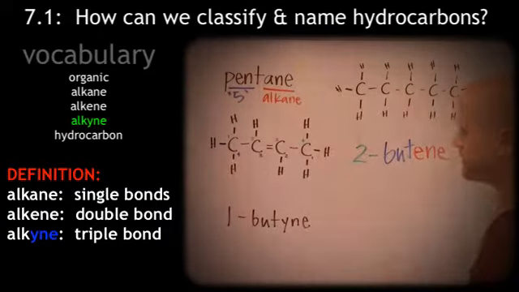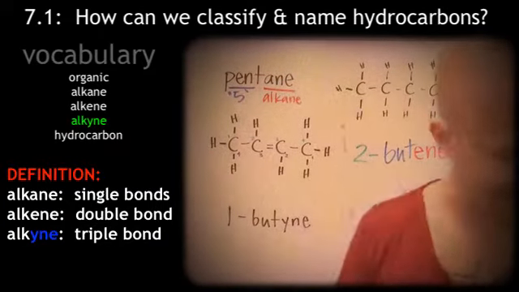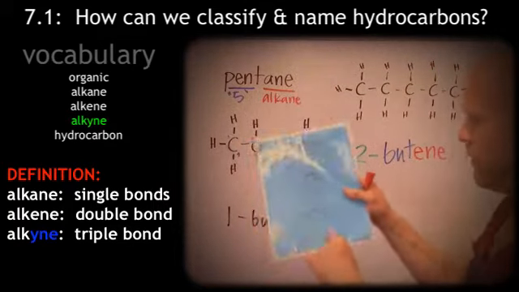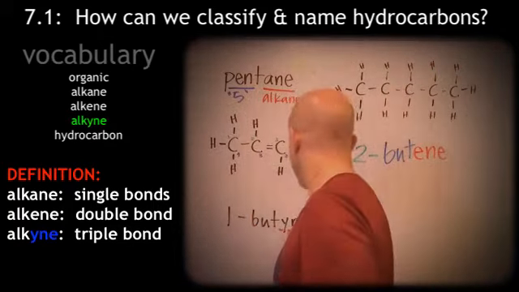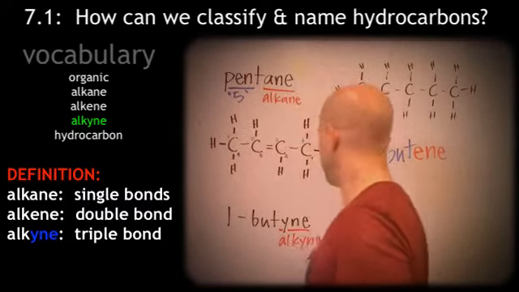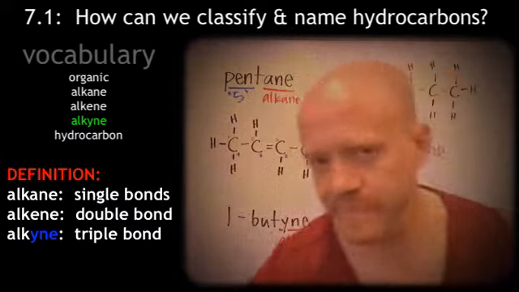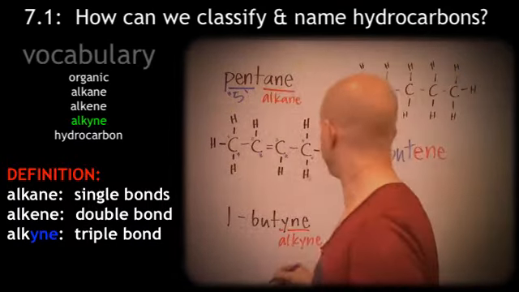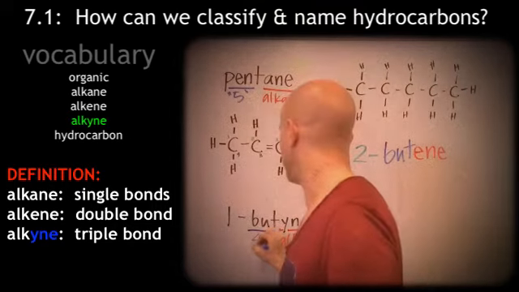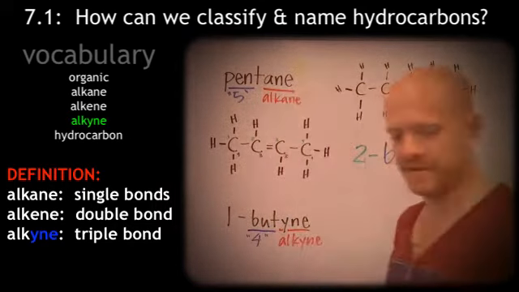So first things first, we're going to look at Table Q, and we're going to find out with the y-n-e ending, this is an alkyne, and then the number here, the but-, tells us that there are, again, 4 carbons.